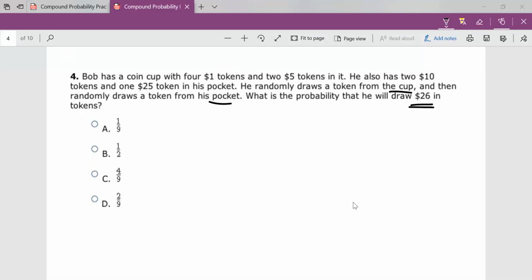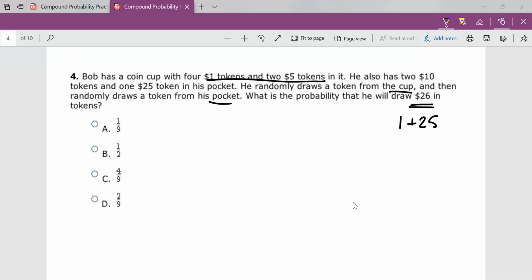Okay, so we need to think to ourselves, how can we get 26 if he's drawing from his pocket and from the cup? Well, if you look at the cup, it has $1 and $5 tokens in it. And then if you look at his pocket, it has $25 and $10 tokens in it. So I know that in order to get 26, that's 25 plus 1, right?